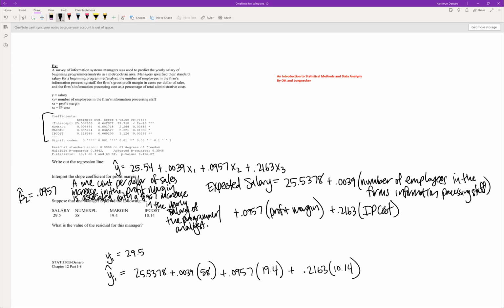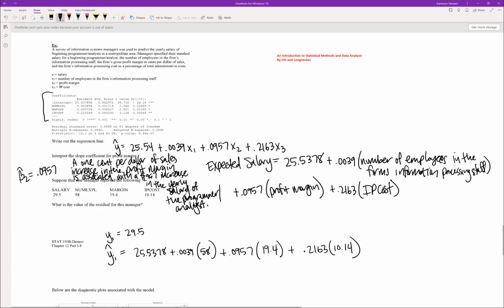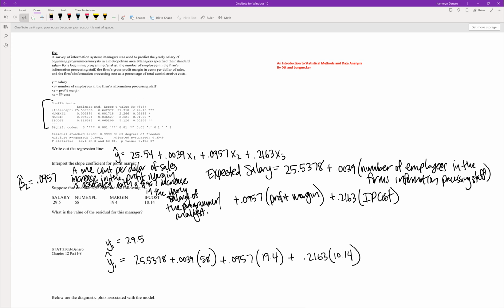Once you calculate that out, there's your observed and your predicted. So you do the residual for that person. The residual for the ith person is equal to 29.5 minus whatever this whole big piece equals. We'll fill that in and get the calculated residual. You can do that on your calculator or in R, and that will give you the residual.